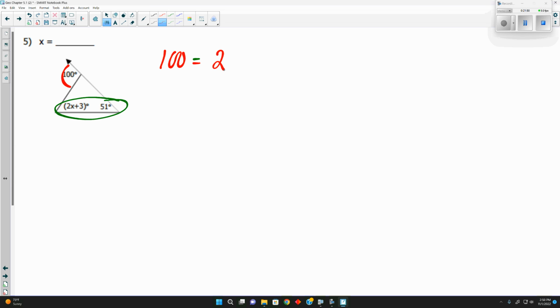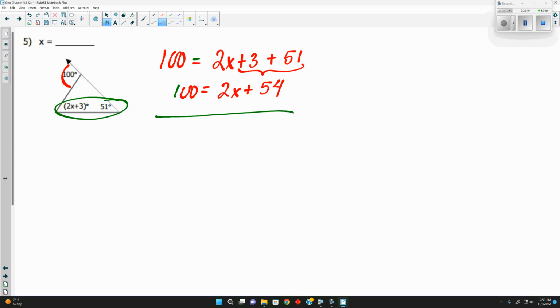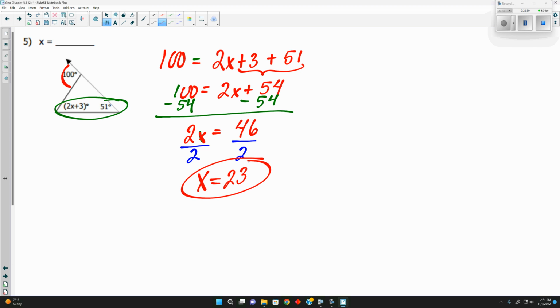So that would be plus. So combine like terms, well that's 3 and 51 is 54. At this point here we would subtract 54 from both sides, telling us that 2x is equal to that's it.